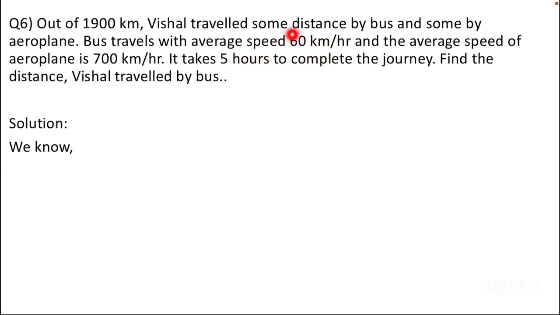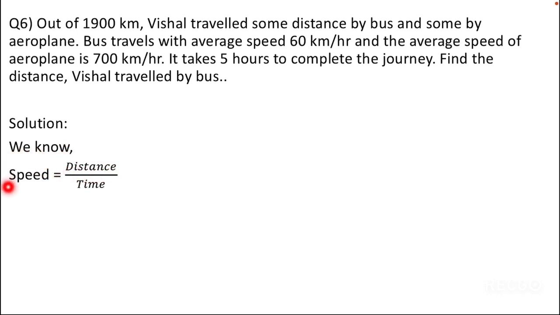Do you remember any formula which consists of distance, time and speed? If you are thinking that speed is equal to distance upon time, then yes, you are right. So we can find the distance using this formula because we know the speed and we know the time.